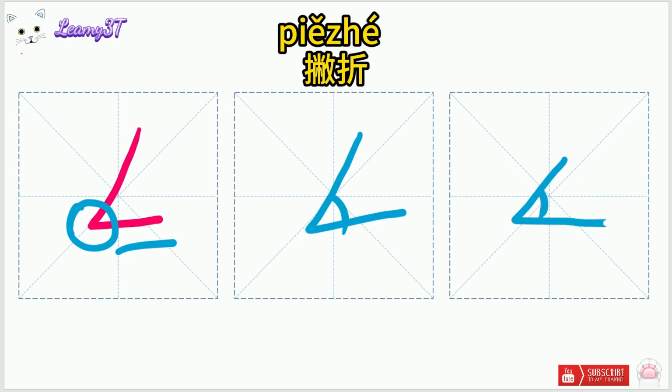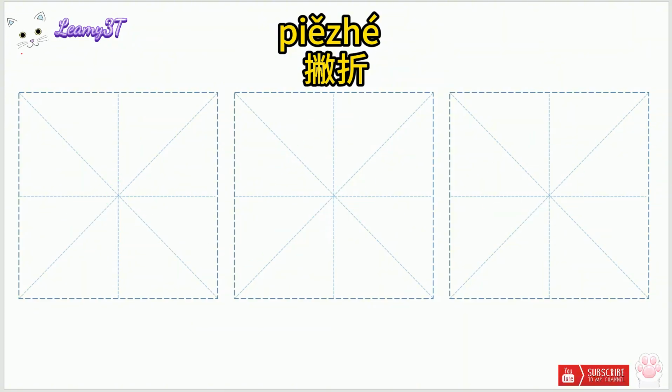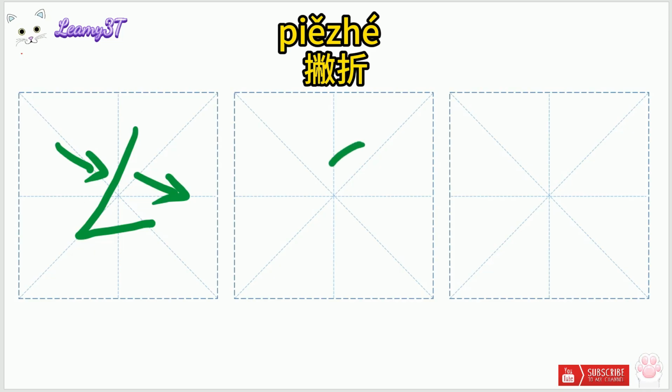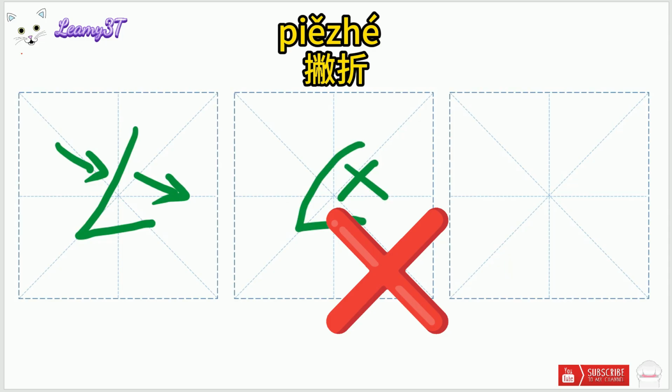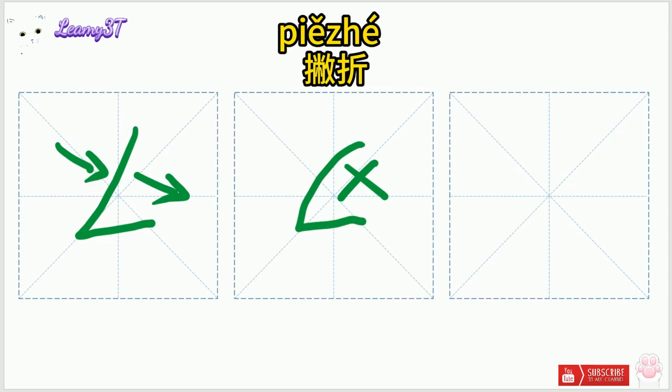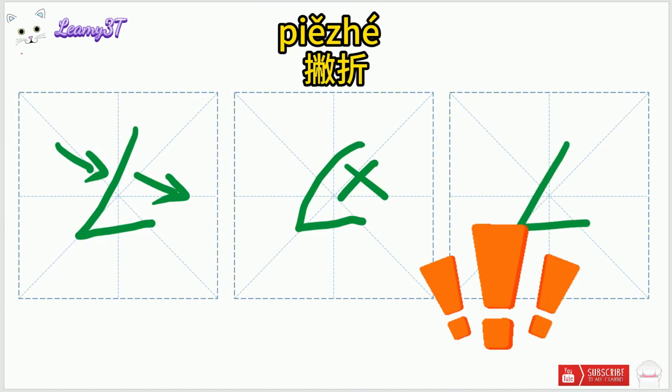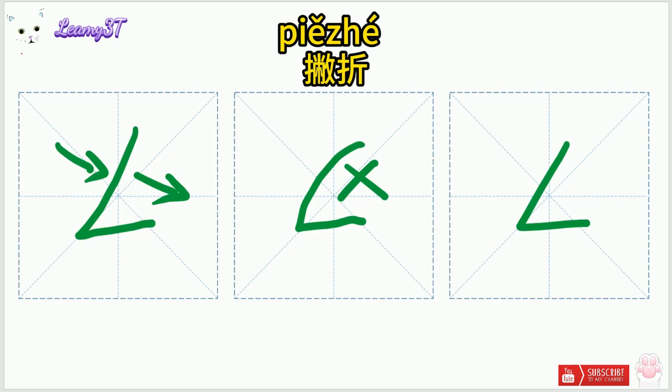Also, since it starts with a piězhé, the angle can curve slightly inward. But make sure not to curve it outward. If you are not confident with the curve, you can write it straight. Remember, the goal of this course is to help you write characters that are legible, not to become a calligrapher.